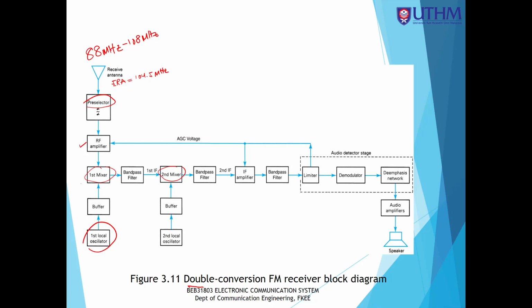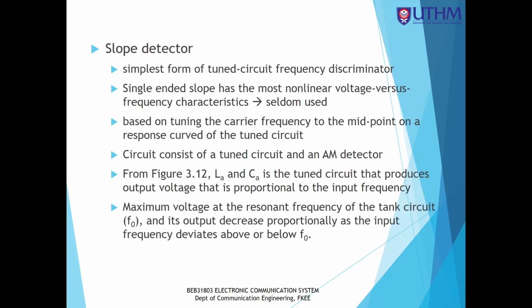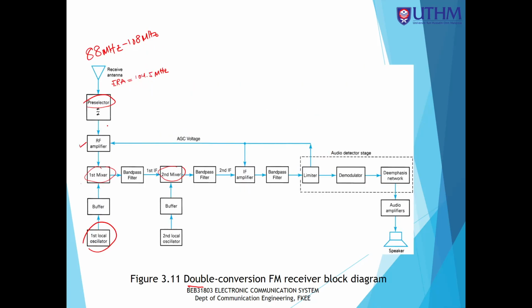Remember for the mixer converter, we have the high side injection and low side injection. Remember that FIF is equal to FLO minus FRF. This is for the high side injection.